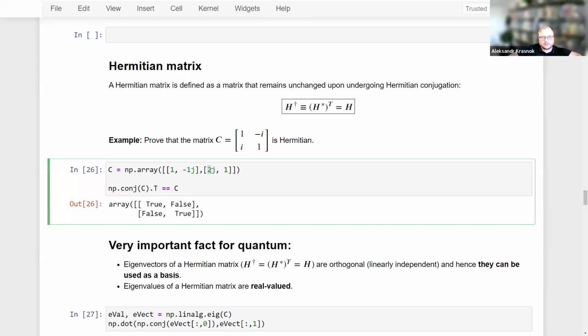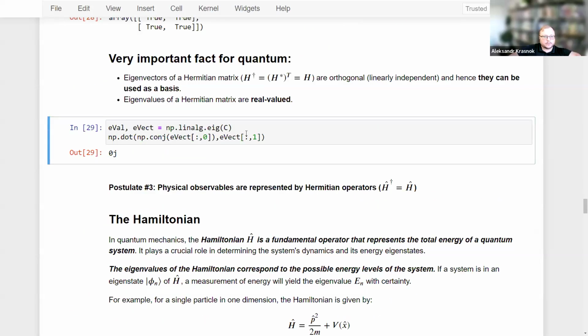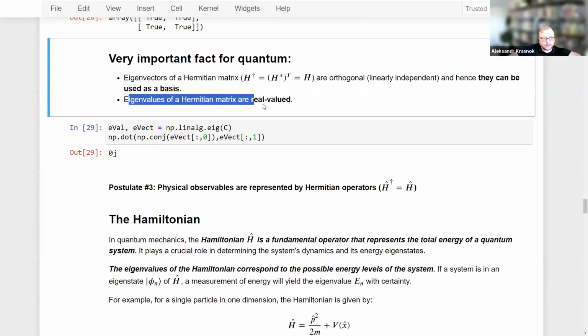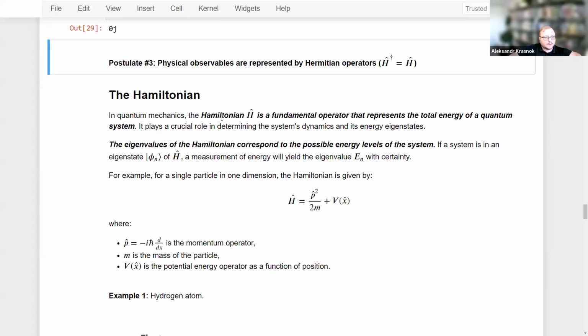Only Hermitian matrices have orthogonal eigenvectors. That's why it's so important for quantum. And also their eigenvalues are real values. So yeah, postulate 3: physical observables are represented by Hermitian operators, what we just discussed.